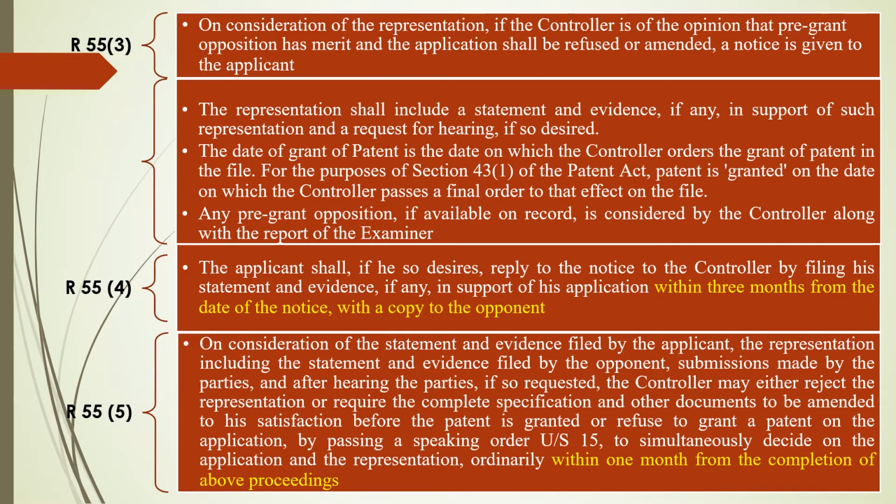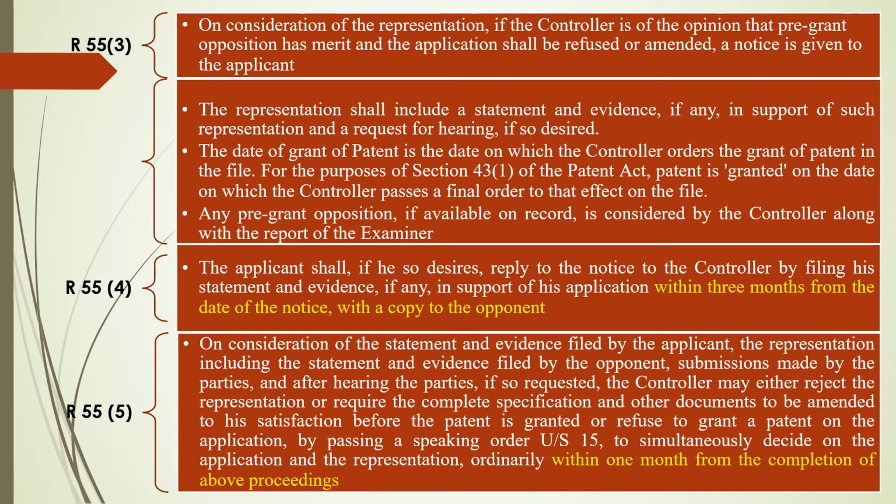In Rule 55, it is also said that the applicant shall, if he desires, reply to the notice to the controller by filing his statement and evidence in support of his application within 3 months from the date of the notice, and a copy to the opponent to be served.